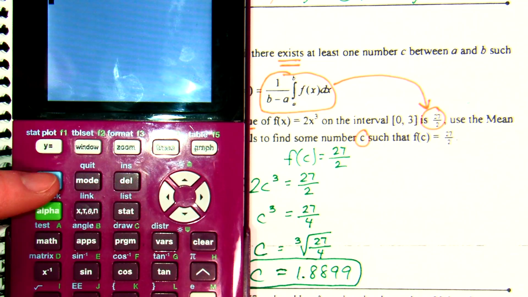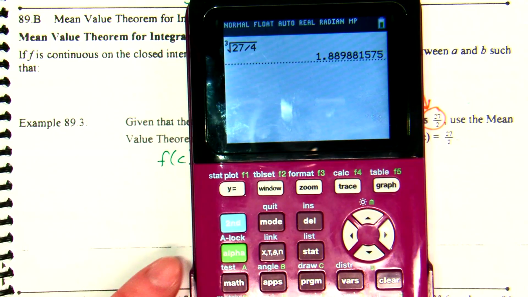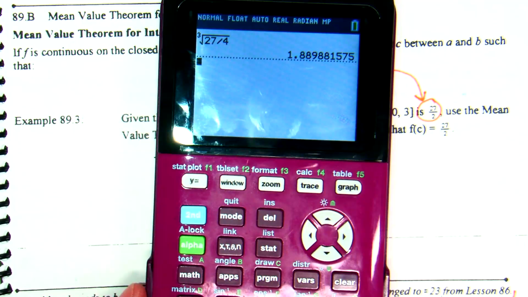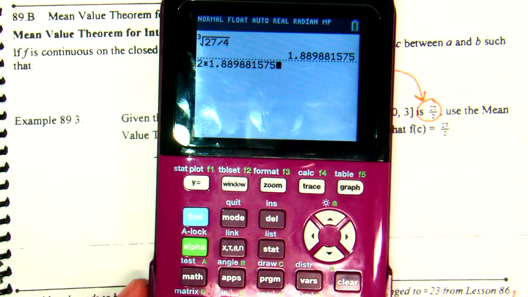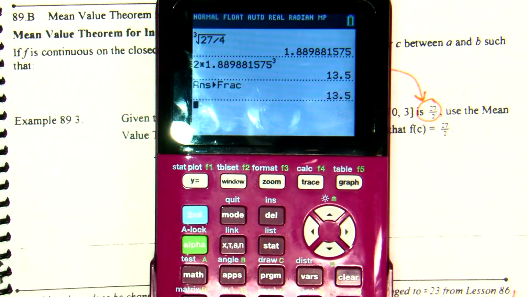So if you take that 1.8899 value, the cube root of 27 fourths, and plug it into our function, 2x cubed, so 2 times that value to the third, notice it's 13.5.